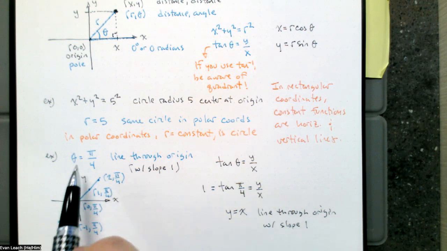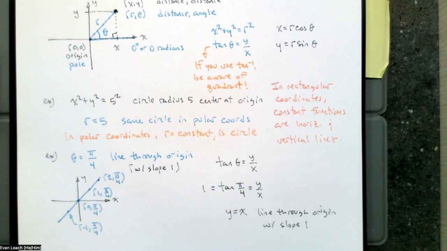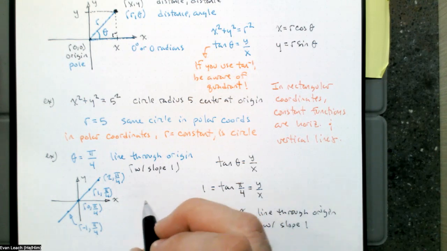The important thing to remember is that theta equals constant is going to give you a line through the origin. R equals constant is going to give you a circle centered at the origin. So this gives us some different looking graph paper in polar coordinates.